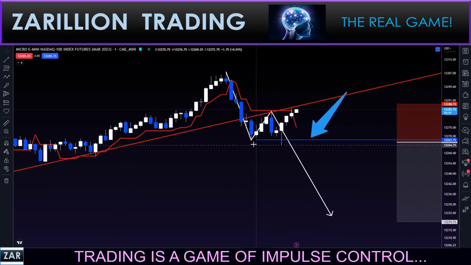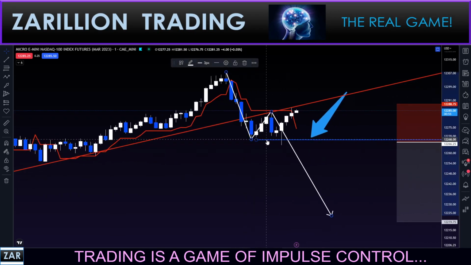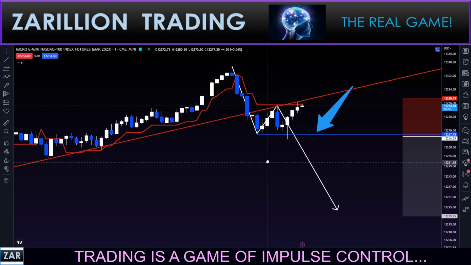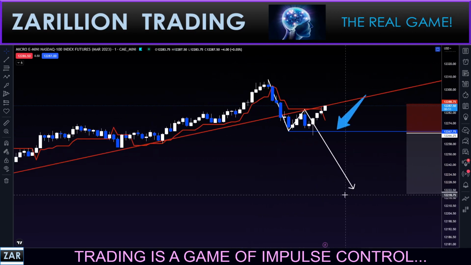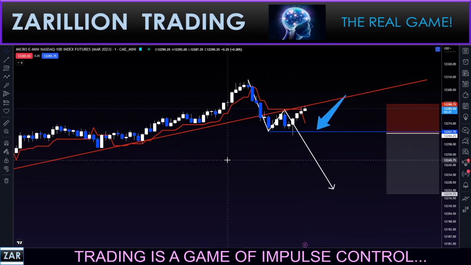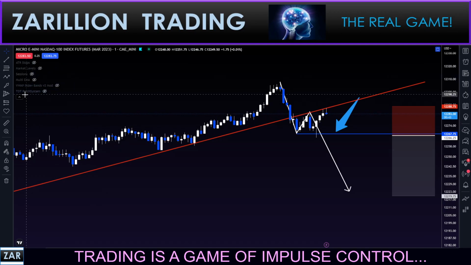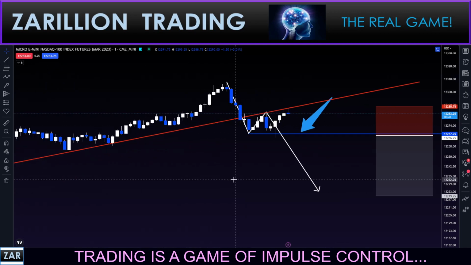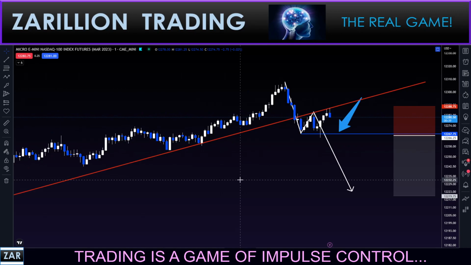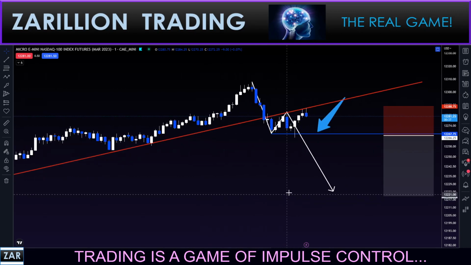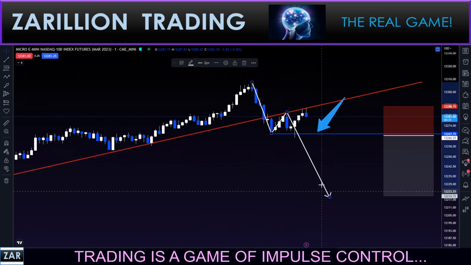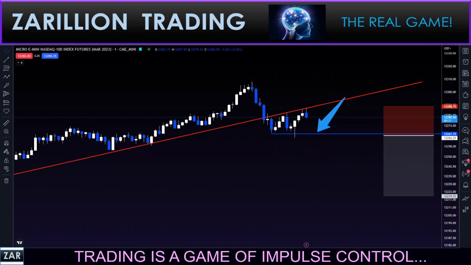So again, I'm looking for a close below this blue line. And if we don't get that, so look, we're retesting that trend line again up there. Clean up some of this stuff here so we can just focus on price action. Here we go. See that retest of that trend line there? So here's what we actually got, right? It's just a cousin of what we drew out originally.